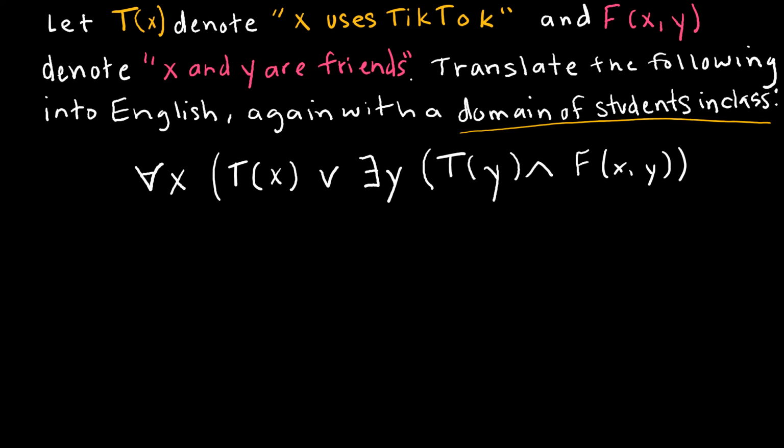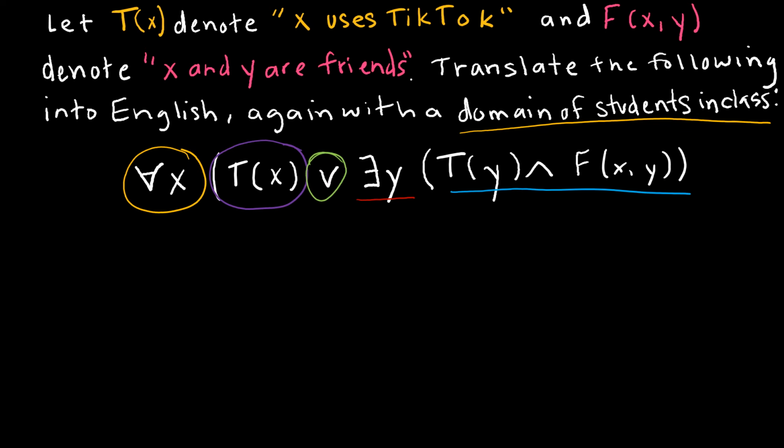So I'm going to break this into parts. We've got for all x, and then we've got T(x), or, and then let's pick another color. There exists some y, and I'm running out of colors, such that all of this is true.